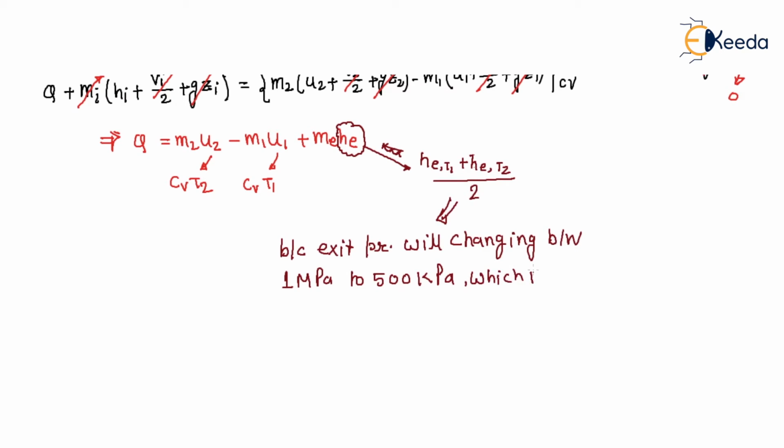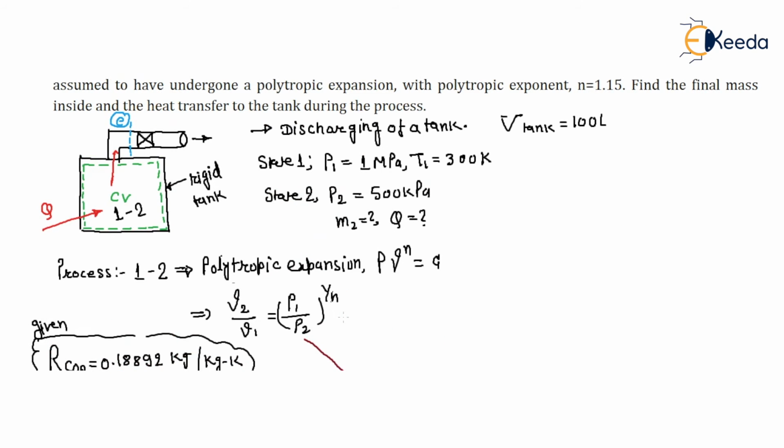So what is the exit condition here? The exit pressure will change. Why? Because when the fluid is flowing continuously, the exit pressure will change from 1 megapascal to 500 kilopascal.